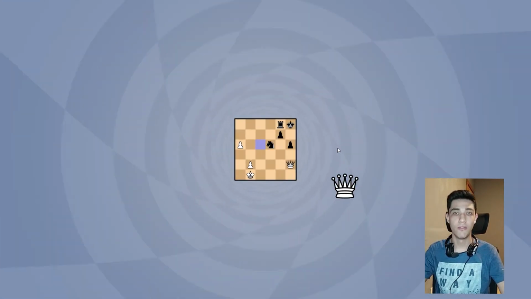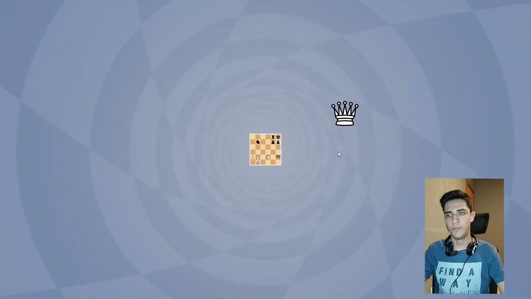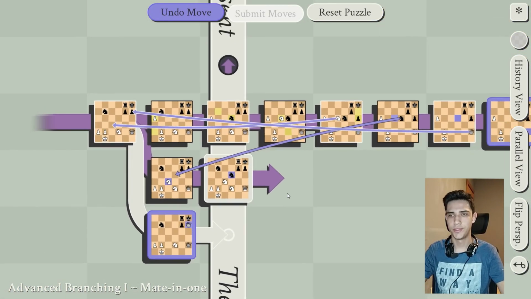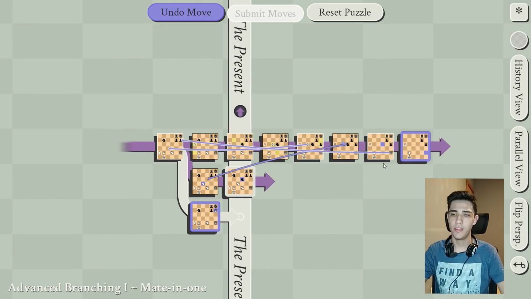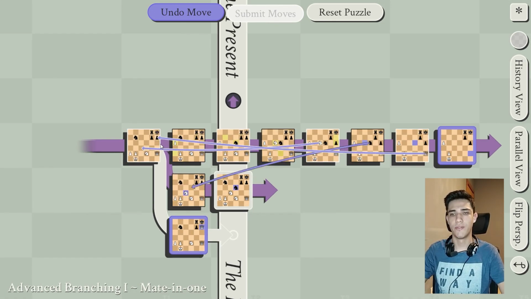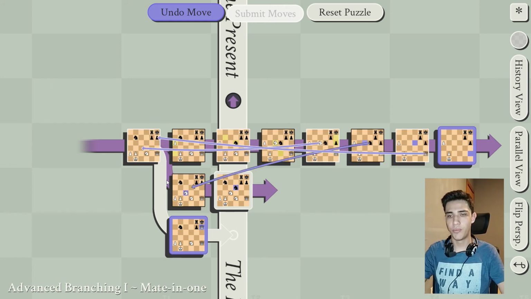But a cool thing to explain is how the present line works. Basically, when you make a branch, the present line moves. Like when the white pieces travel this knight to here, it creates a branch and brings the present line back to here.